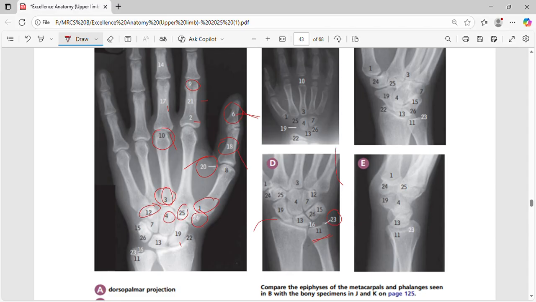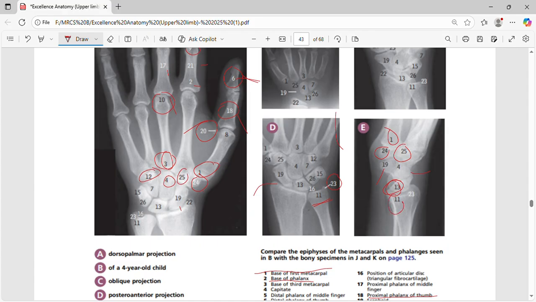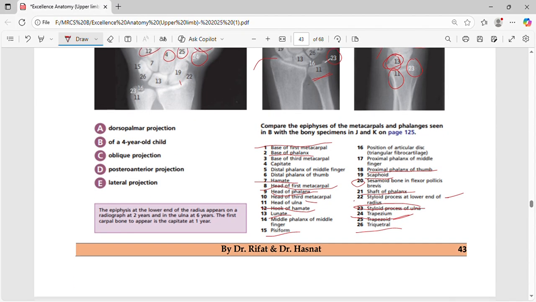You should know that this is always the lunate, and here this is always the lunate. Here we have the scaphoid. 24 is trapezium, this is the first metacarpal, and here we have the capitate always. 11 is the ulnar head or ulnar styloid, and 13 is the radial styloid.